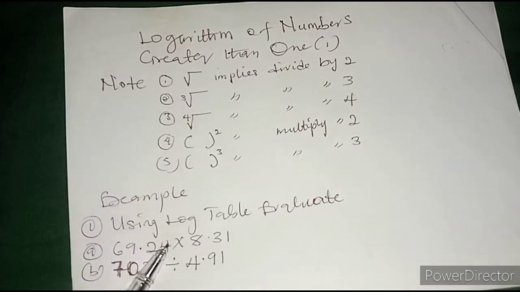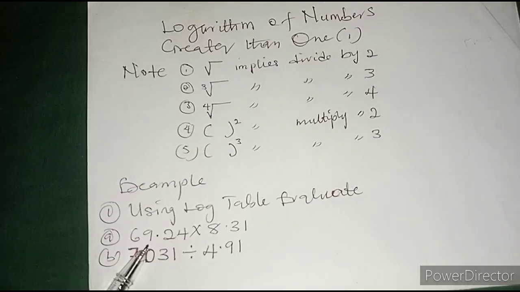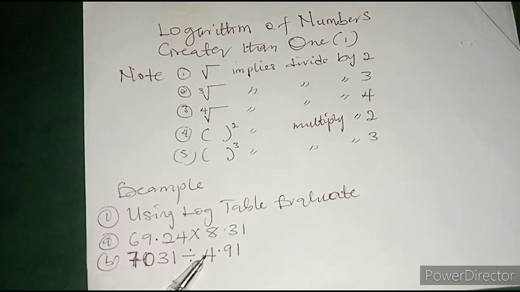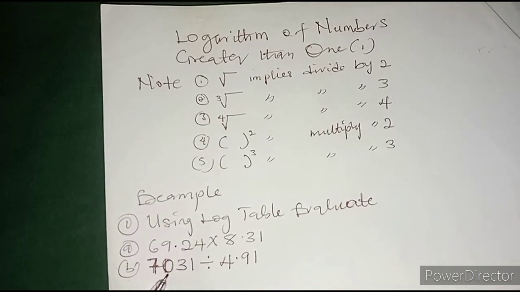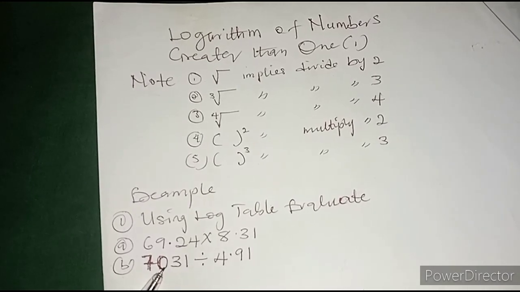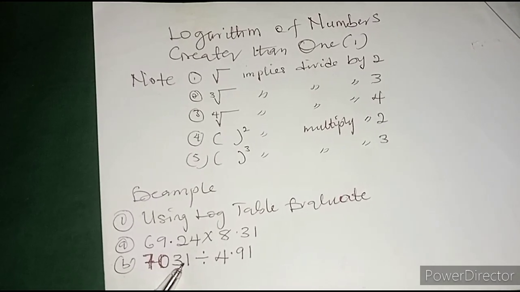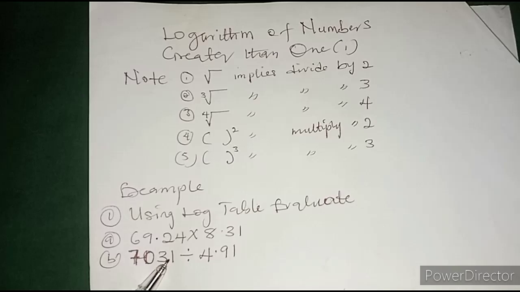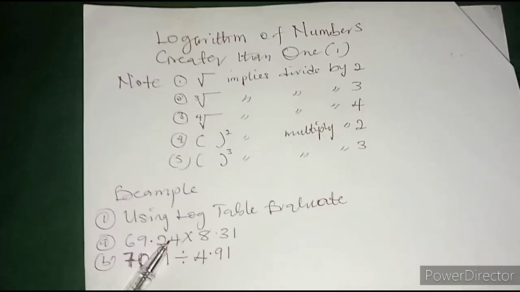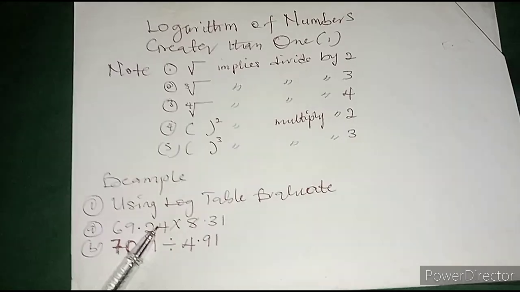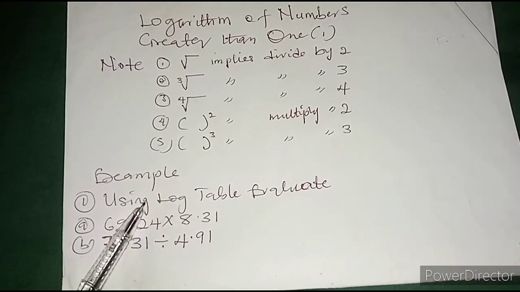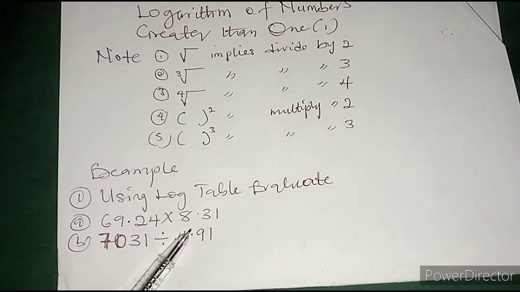It said, using log table, evaluate 69.24 times 8.31, and then 7,031 divided by 4.91. Remember, you can do this with your hands directly without a calculator. You can do simple multiplication, but this time around, take note, we are asked to use log table to evaluate this.